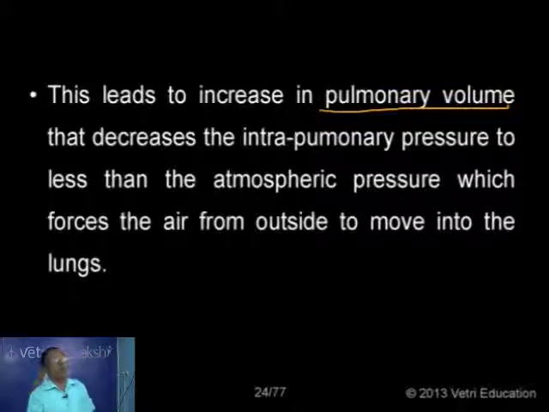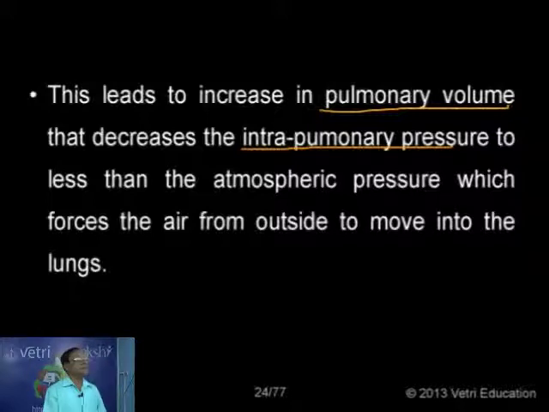Once the volume increases, as I mentioned, since volume is inversely proportional to pressure, the intrapulmonary pressure falls or decreases. It is slightly less than the outer atmospheric pressure. That's why I said a negative pressure inside. So the intrapulmonary pressure is less when compared to the pressure found in the atmospheric air.